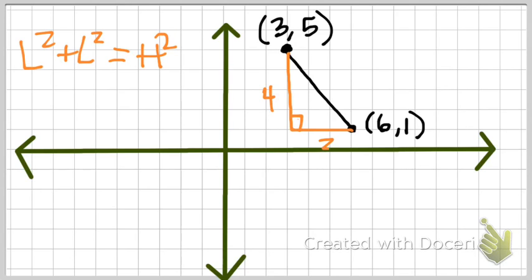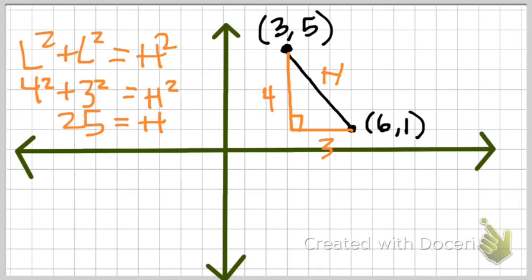I see 4 and 3, and this is my hypotenuse, so I've got 4 squared plus 3 squared equals hypotenuse squared. That gives me 25, and the square root of 25 is 5. So the distance between these 2 points is 5 units.